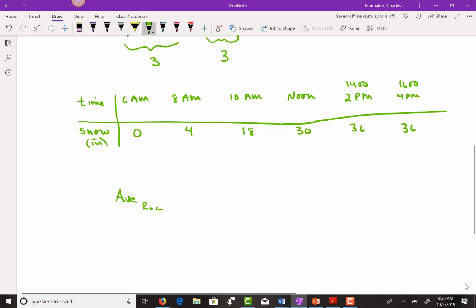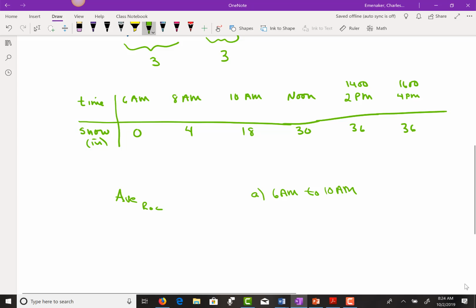Okay. And let's say, first off, from 6 a.m. to, well, let's say 10 a.m. How would you do the average rate of change? It's real easy.